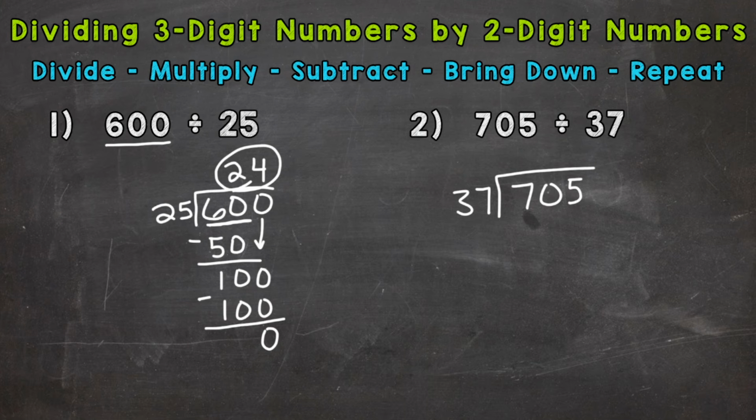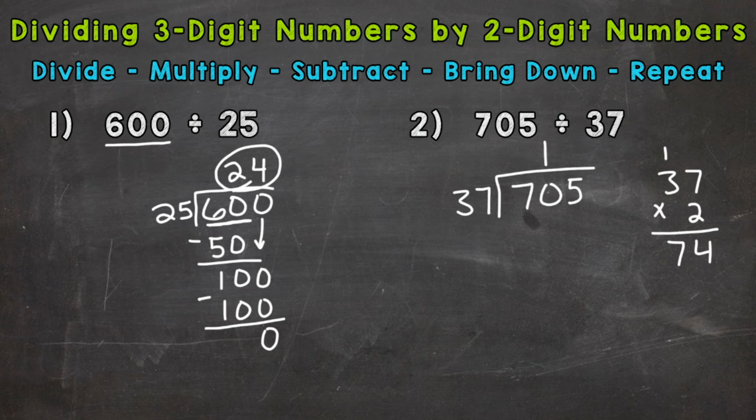Well, I know 40 times 2 is 80. That's kind of close to 70. Why don't we try 37 times 2 to get us started here and see how close we get. 37 times 2 gives us 74. Pretty close, but we went over. So we can't pull 2 whole groups of 37 out of 70. We can only pull 1.